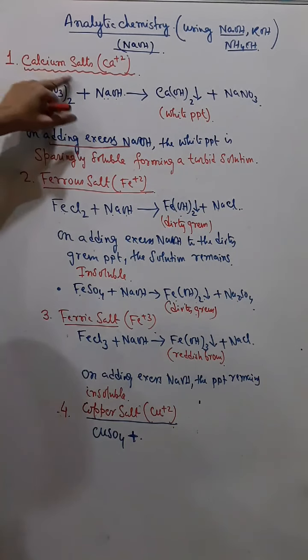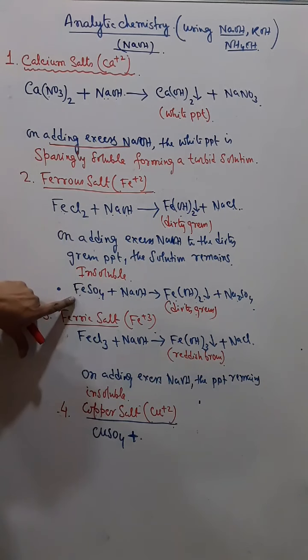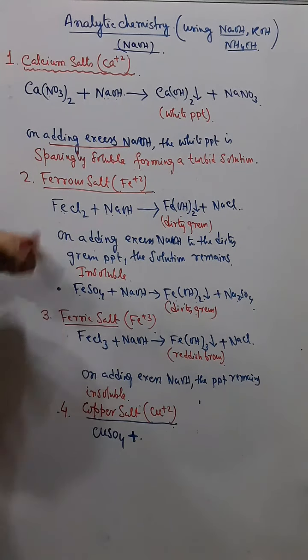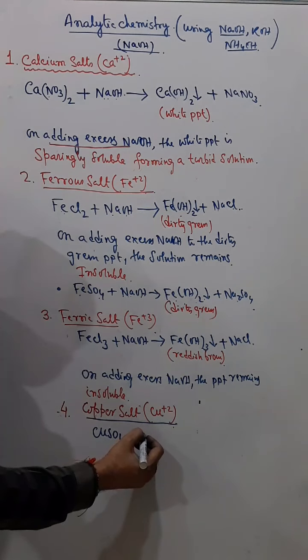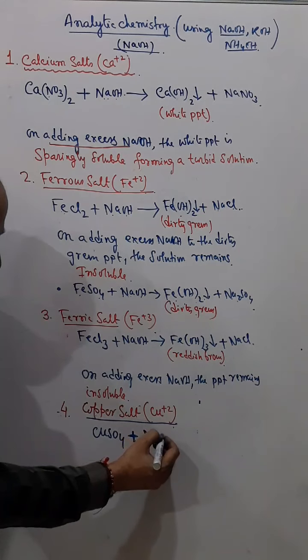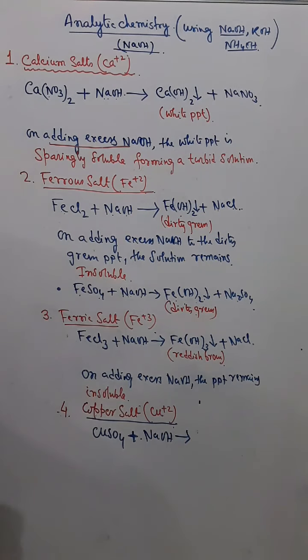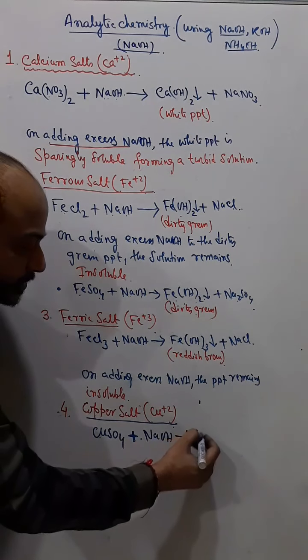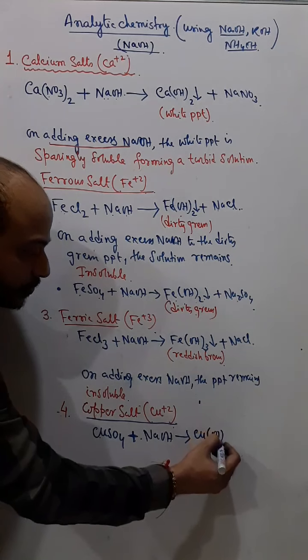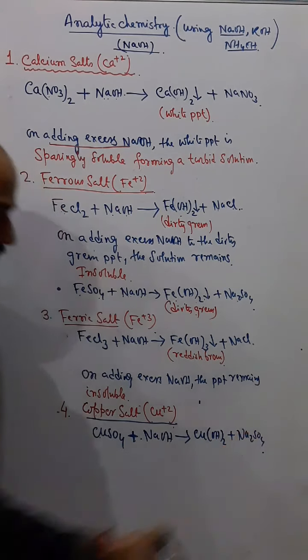Because all these are soluble in water, these are salt solutions: calcium nitrate solution, ferrous chloride solution, ferrous sulfate solution. Here also copper sulfate solution, and we are using NaOH. So copper sulfate and NaOH, what we will get? Cu(OH) whole twice, and we will get Na2SO4.